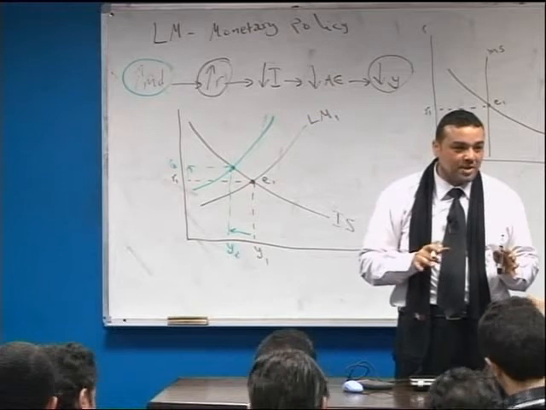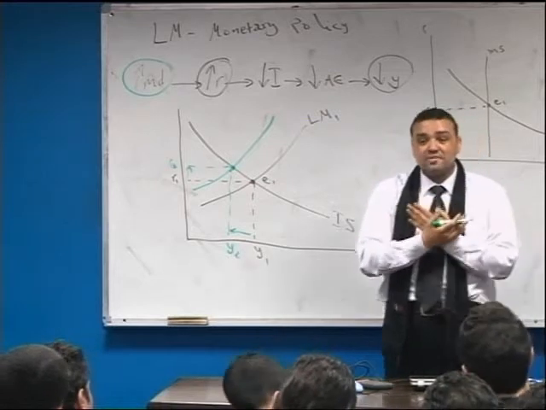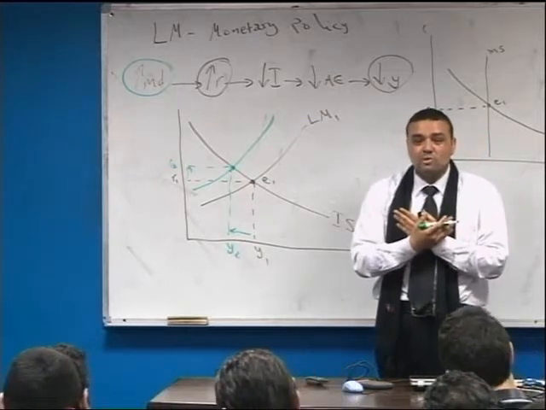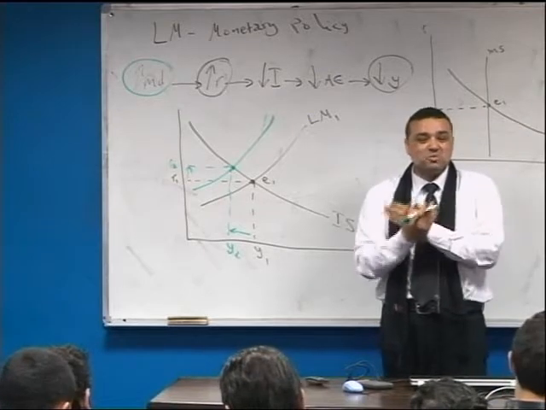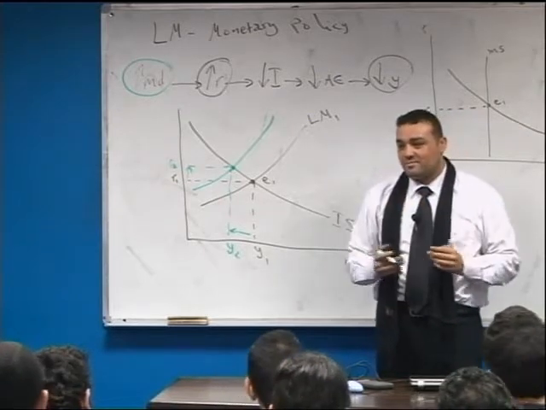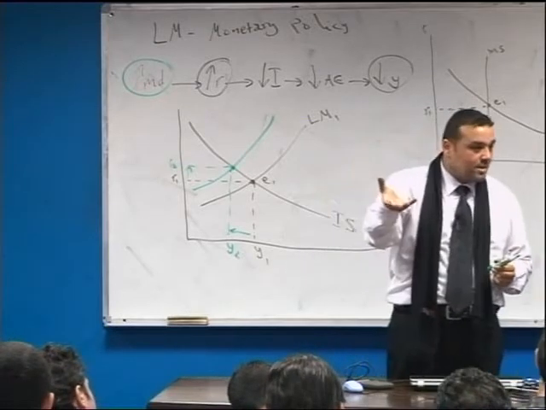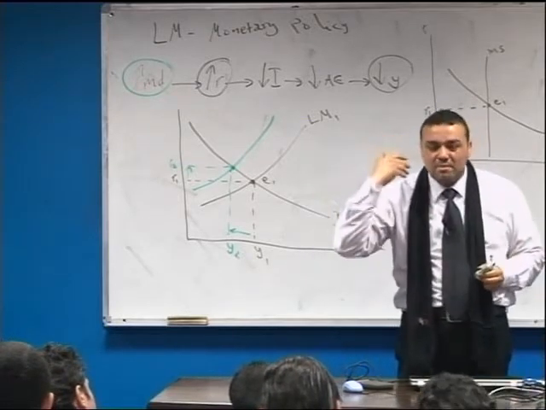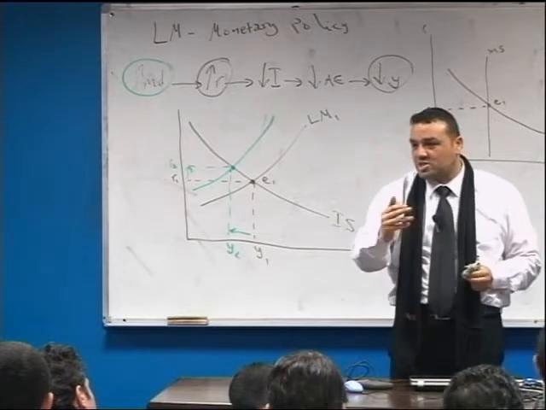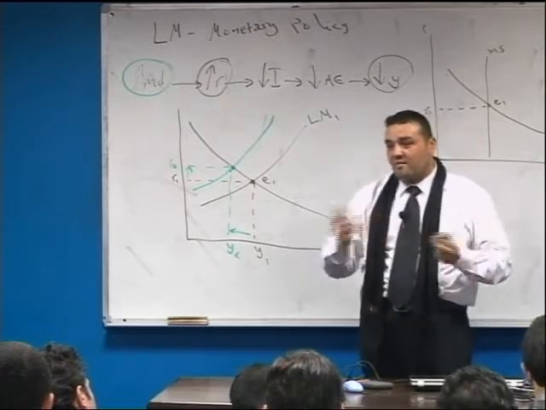Suppose that I have changes in the IS and LM at the same time, meaning a mixed policy: expansionary fiscal with maybe expansionary monetary or contractionary monetary, and let's see the effects.